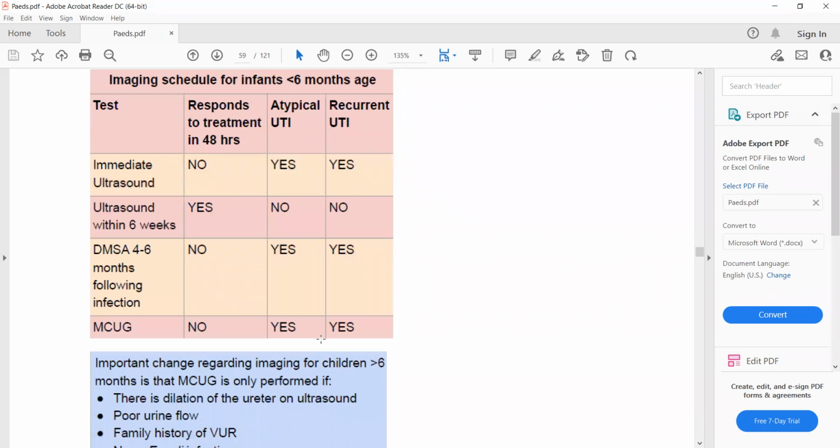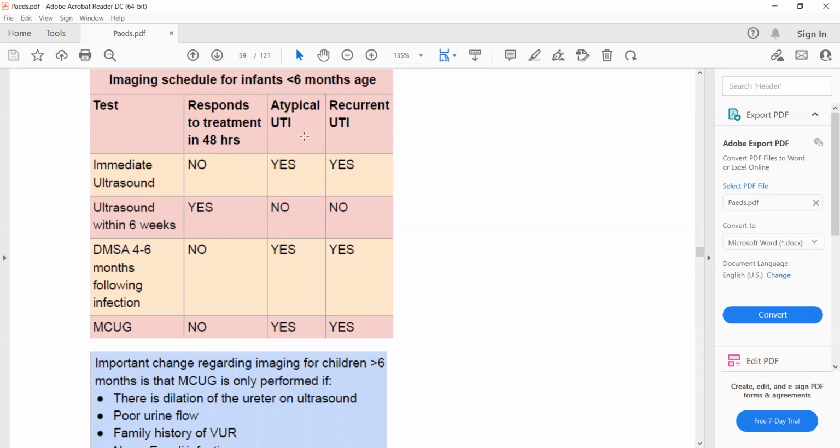Now the imaging schedule for infants who are less than 6 months of age. There are three types of UTIs. One is straightforward UTI, one is atypical UTI, and the third one is recurrent UTI. So what is a straightforward UTI? A UTI that responds to treatment in 48 hours is a straightforward UTI.